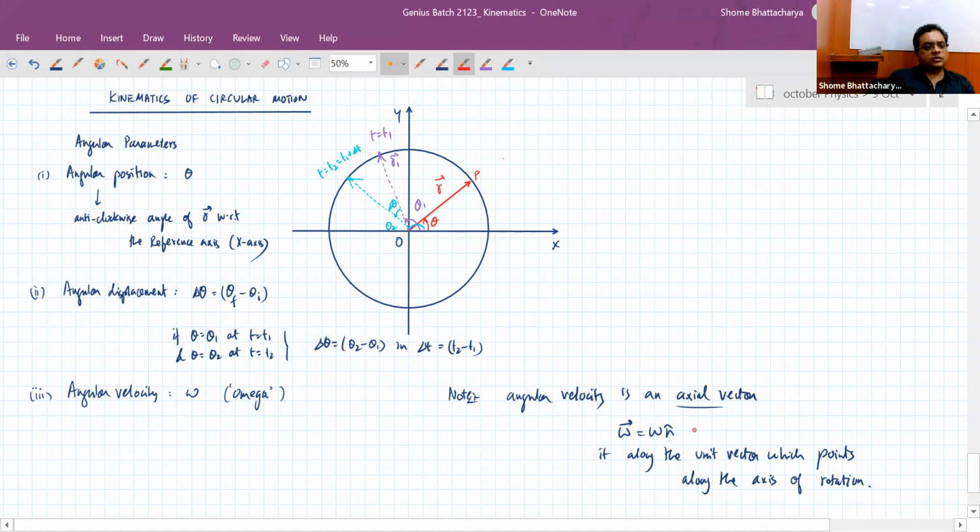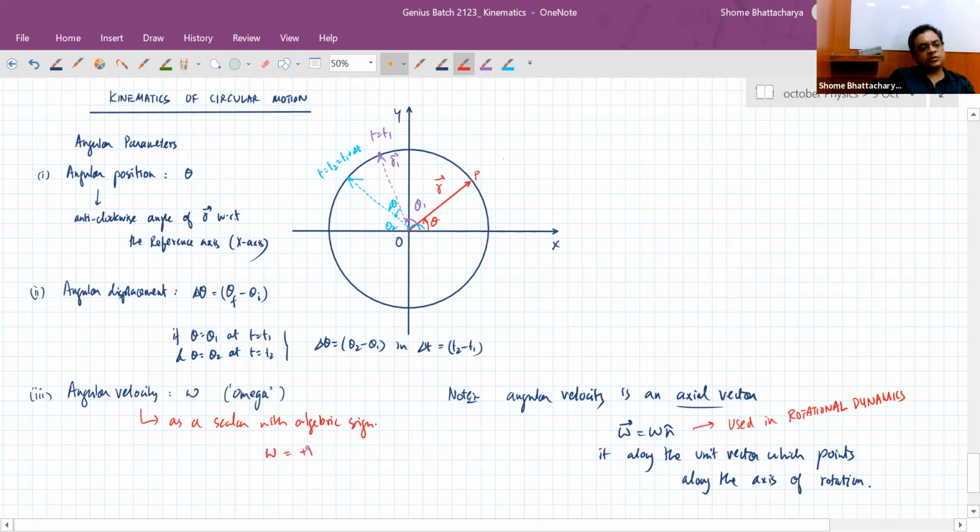So this will be used in the rotational dynamics chapter later. Here we are using angular velocity as a scalar, but with algebraic sign.